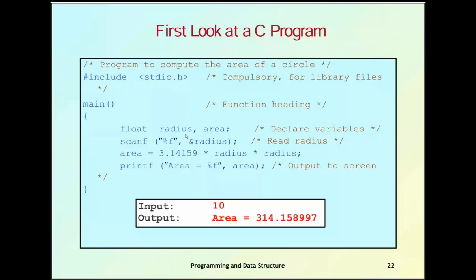Now coming to this scanf. Try to observe that in scanf we have two parts. First is the format specifier, %f. This %f tells our compiler that over here we are expecting a float value.